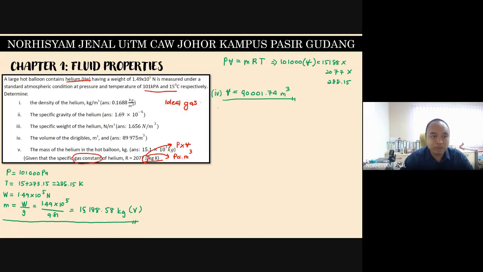But let's do number 1 first here. Since we know the volume and mass, density equals mass divided by volume, which is 15,188.58 divided by the volume, 90,000.